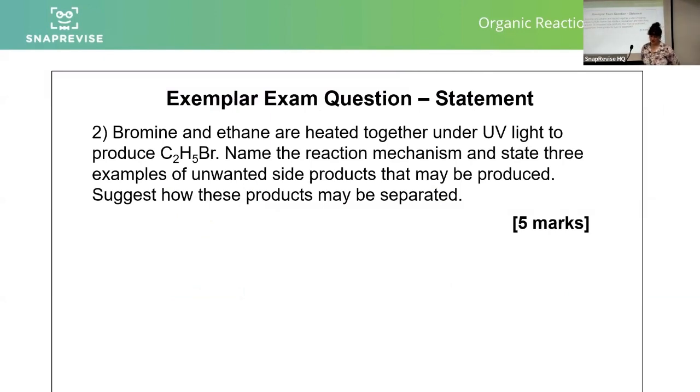We're assuming here that unwanted side products are not what we would consider to be the main product. If this was free radical substitution to produce a halogenoalkane, that singly substituted halogenoalkane is the wanted product, so anything else would be unwanted. Suggest how these products could be separated. So context.